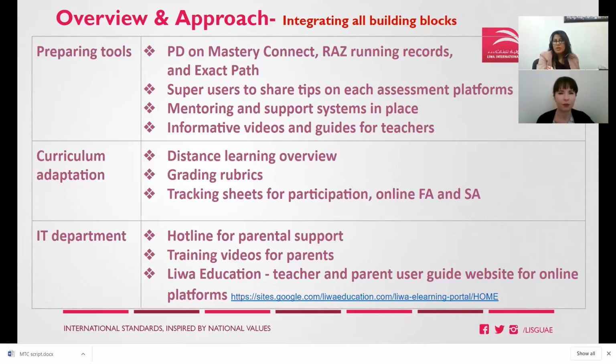Second was to adapt the curriculum. As Kate mentioned, we did have a different overview for distance learning, which was strategically planned in such a way that we take care of not just the academic, but also the social and emotional needs of the children. It was really well balanced, with the assessments being continuous.